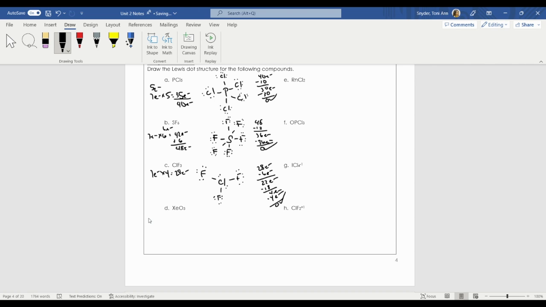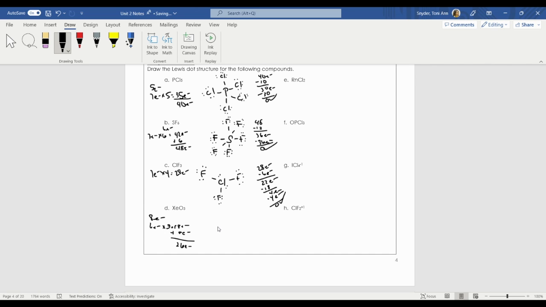So xenon has 8 valence electrons. So there's 8 electrons, and oxygen has 6. So if there's 3 of them, 6 electrons times 3 gives me 18 plus 8 means that there are 26 electrons that we have to account for.